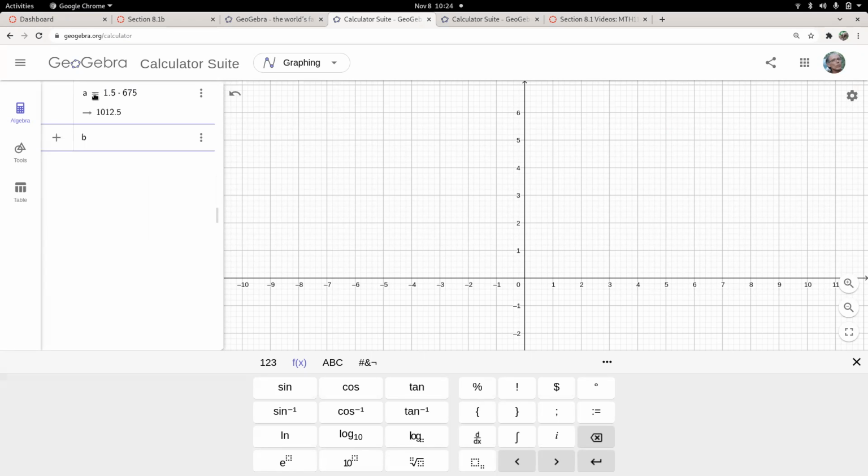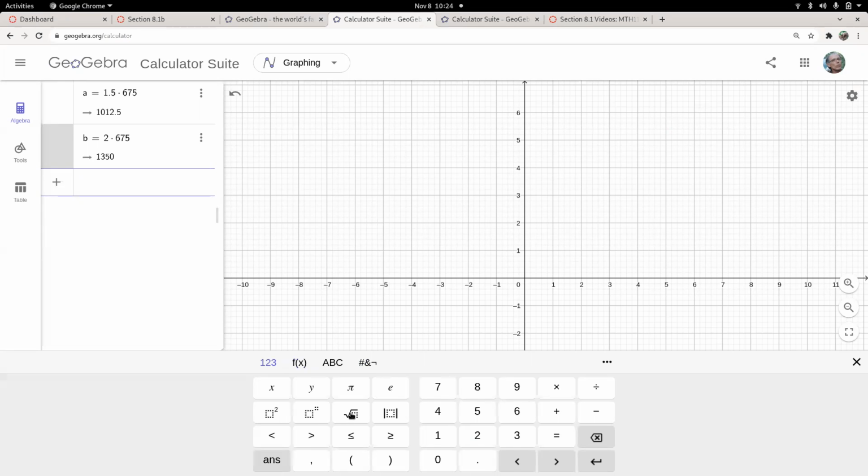And then side B was 2 times 675. And then C is going to be that crazy square root I just talked about. So shall I call it C equals? It doesn't matter. I'm just going to grab a square root.